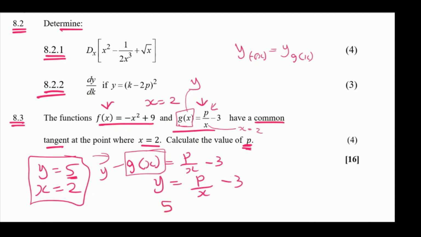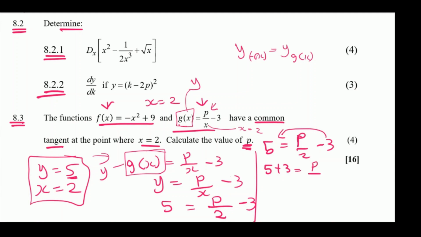So it's going to be 5 equals p over (2 minus 3), right? Then you transpose the minus 3 to the other side. We have 5 plus 3 equals p over 2. We have 8 equals p over 2. You cross multiply, p equals 16. So this is the solution of p.